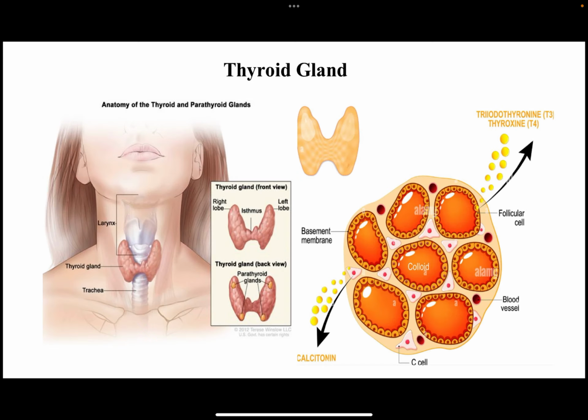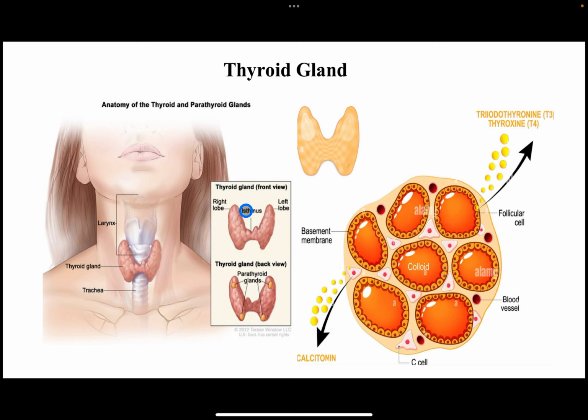The narrowed portion, we call it the isthmus. So this narrow medial region of the thyroid gland is referred to as the isthmus.